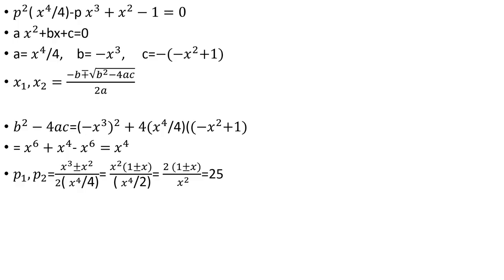So this term is going to be x² times 1 plus minus x over x⁴ over 2. And x² and x² cancel out, and 2 can come to the numerator, and the equation changes to this. Now, as you can see, this changed to two second order equations.